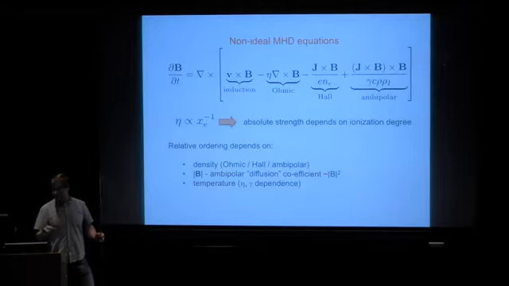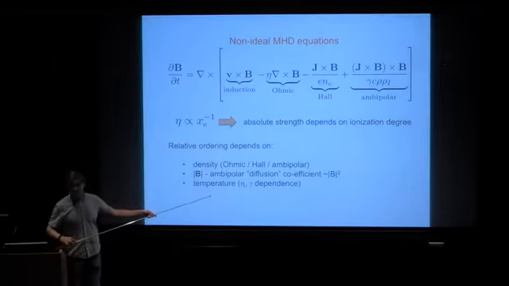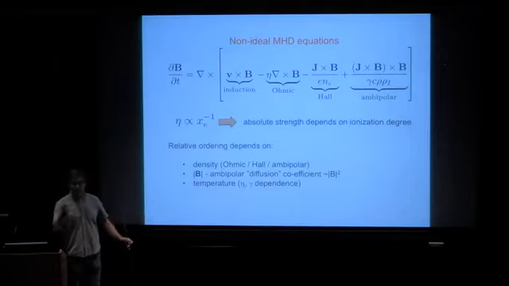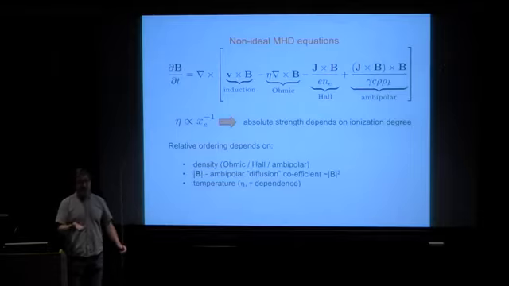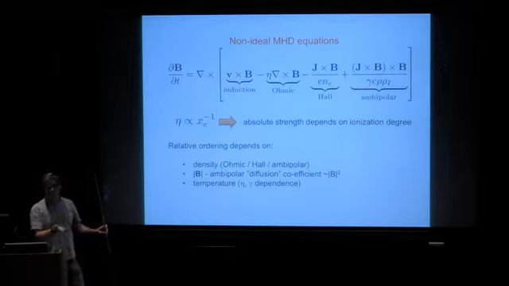And as you go to stronger magnetic fields, it becomes stronger. Then, not visible really in the equation, there's also some temperature dependence, because the resistivity and the ambipolar drag coefficient are coming from collisions, and collision rates in general have some temperature dependence. So there's mostly a strong density dependence, there's some temperature dependence, and for ambipolar diffusion in particular, there's a strong B dependence.